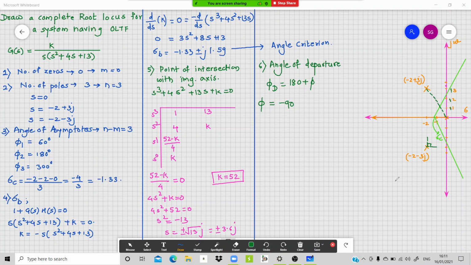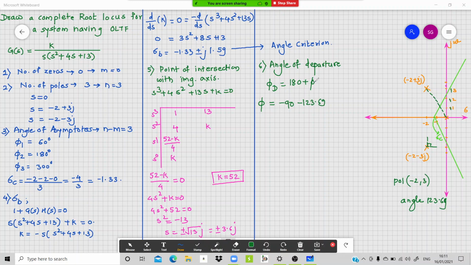You just go on the calculator, pole minus 2 comma 3. You will get the magnitude and the angle; magnitude I am not writing, but the angle you will get is 123.69. Of course in the second quadrant it has to be greater than 90, and zeros' angle minus poles' angle, so it is going to be minus 123.69.